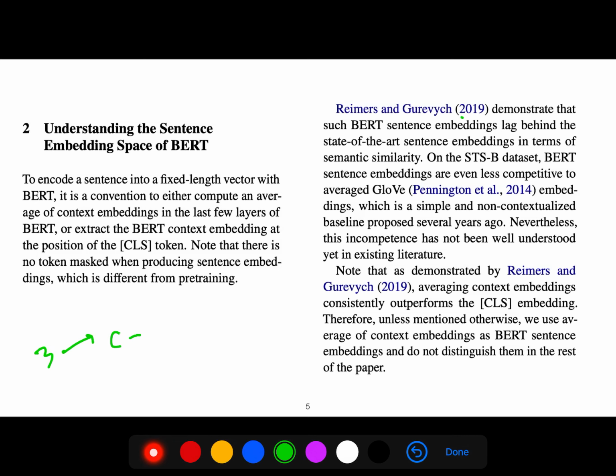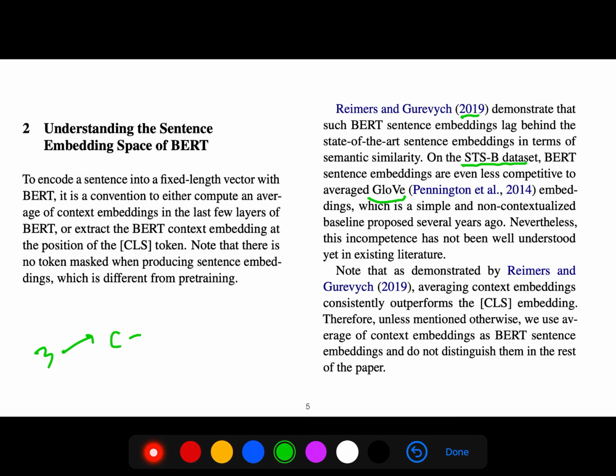But they demonstrate that such BERT embeddings lag behind the state-of-the-art sentence embedding in terms of semantic similarity. So in this data set, BERT sentence embeddings are even less competitive than the average GloVe, which is very bad.